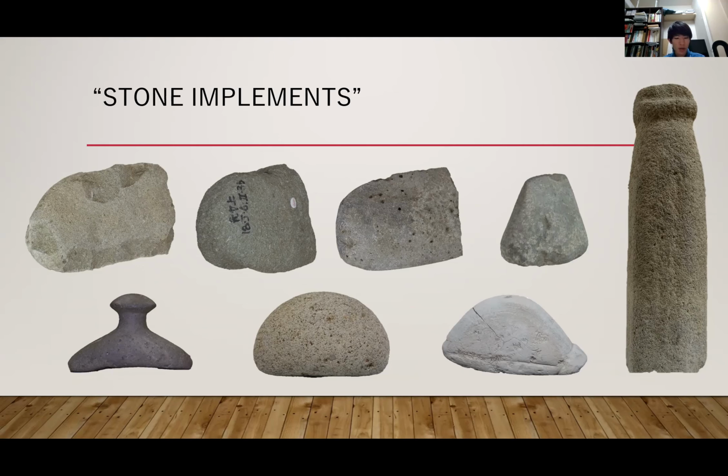Stone implements were first created in the early Jomon period, and huge ones were created during the Middle Jomon period. From the Middle Jomon period to the last Jomon period, stone implements were miniaturized. They are the object which I examine in this presentation.